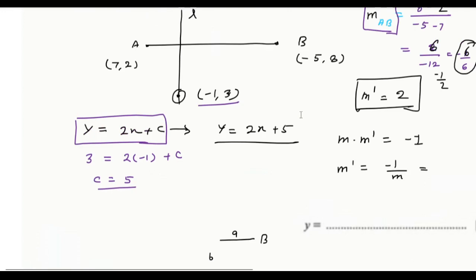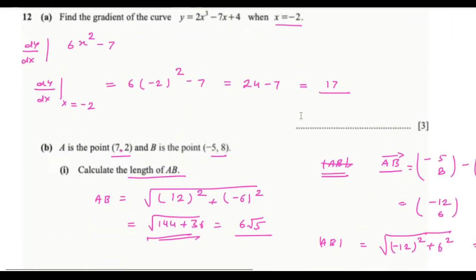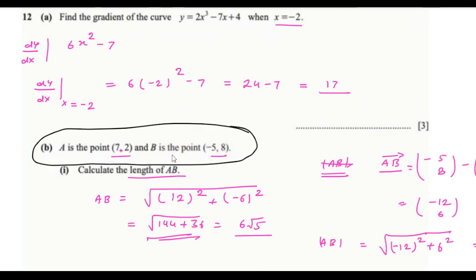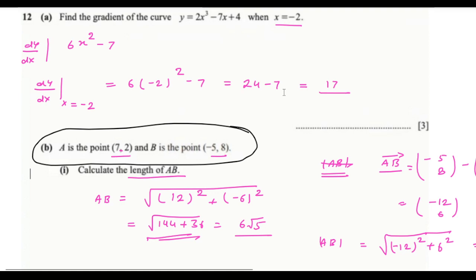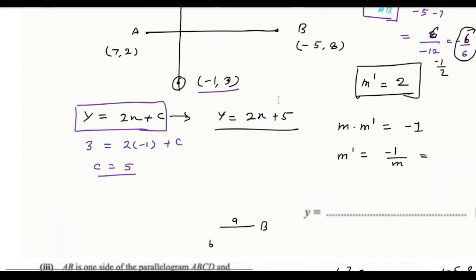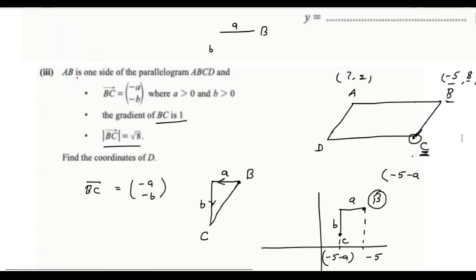It is given in the problem. See this line. Allison, your problem is where this -5 came from. It's in the question.